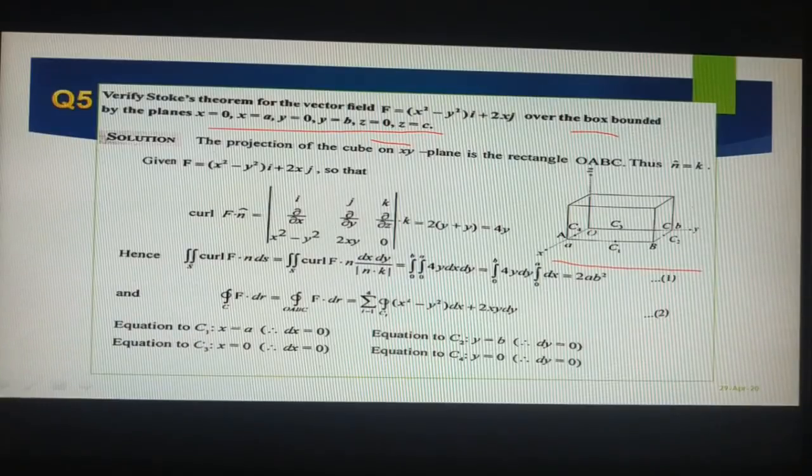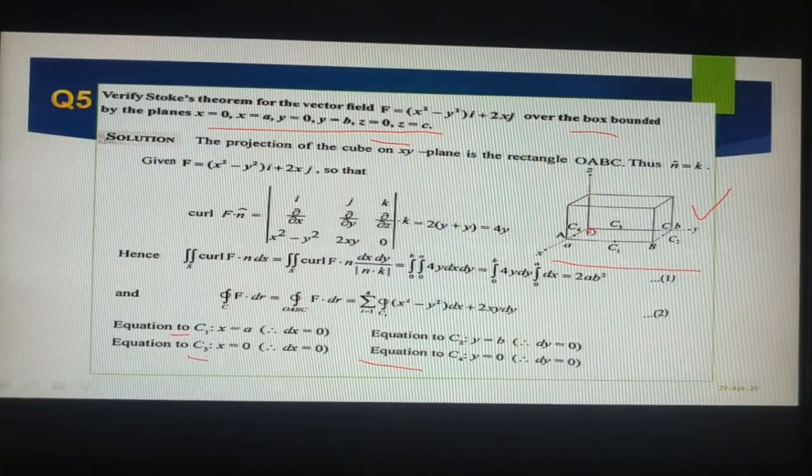This is a cuboid, you can see in the diagram we prepared like that. I have given some names to the bottom lines: a to b I call C1, b to c is C2, c to o, which is your origin, I call C3, and o to a I call C4. These are the equations of the lines C1, C2, C3, C4.